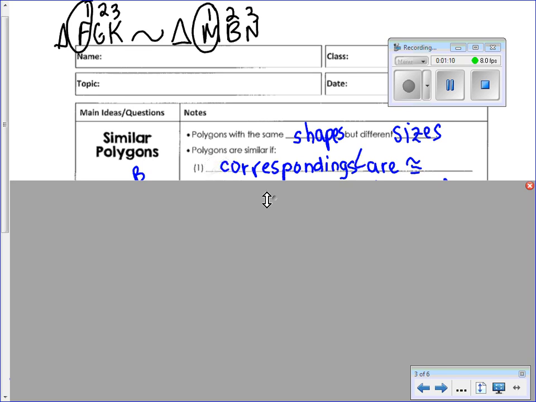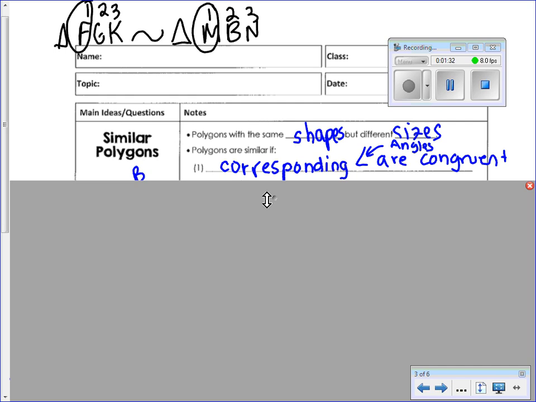Corresponding angles are congruent. Let me rewrite that. Corresponding angles are congruent. It stands for angles. Okay?